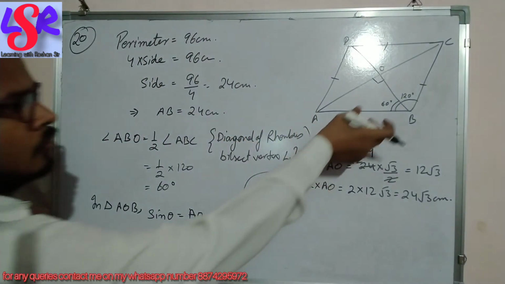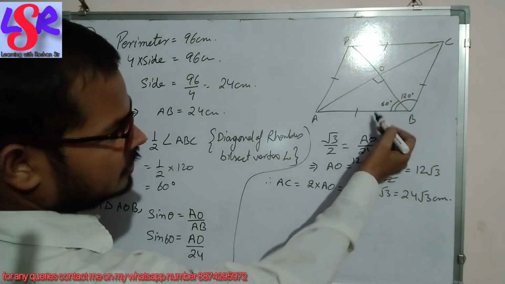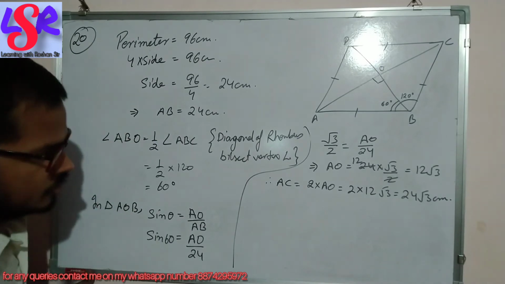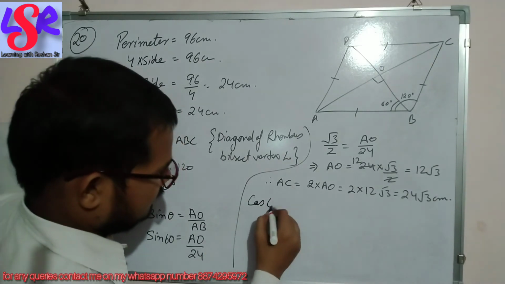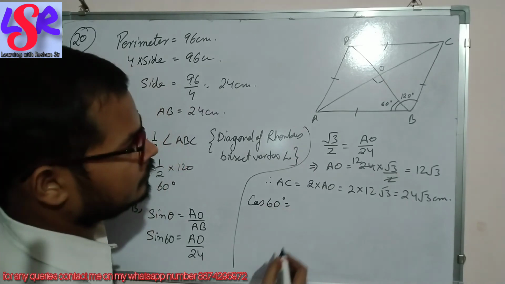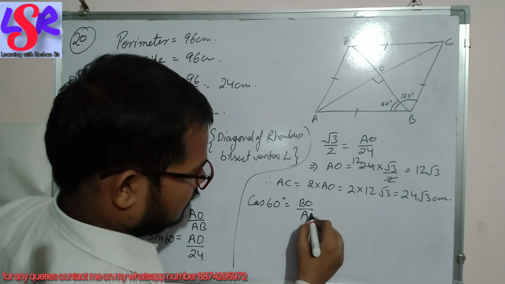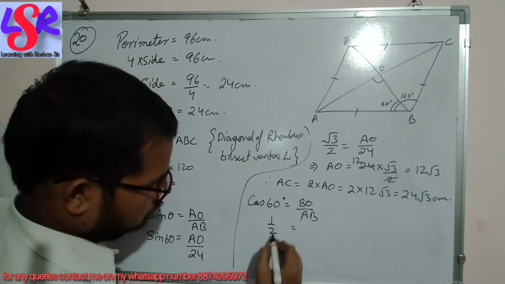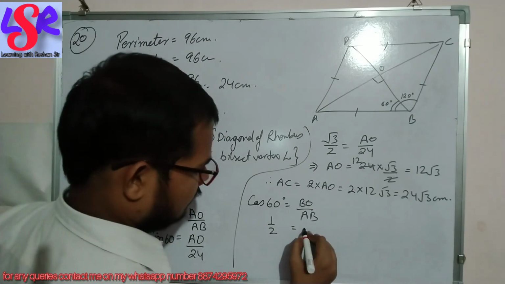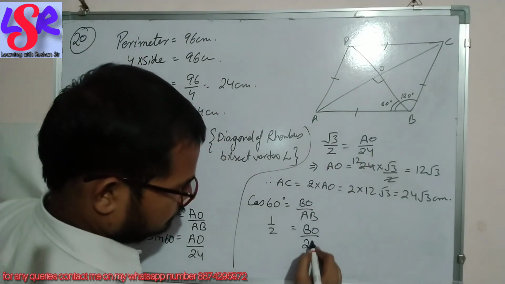Now we'll find this BO और इस एंगल के लिए ये बेस है और ये हाइपोटेन्यूज. So we are going to use cos theta. So cos 60 degree equals to base BO upon hypotenuse AB. Here cos 60 की वैल्यू होती है 1 by 2 and BO we have to calculate और AB हमारे पास है 24.